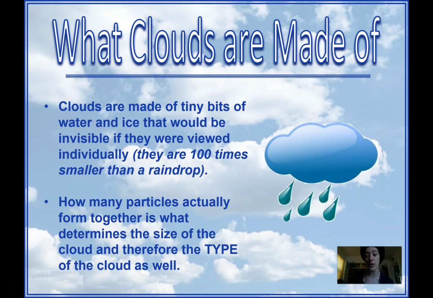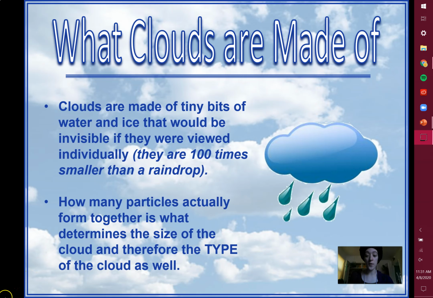Well, you already know that clouds are made of tiny bits of water and also ice, right? And ice is just solid water. That would be invisible if viewed individually, so smaller than a raindrop, right? Tiny, just individual molecules of water. But when we see them all together, that is what determines the size of the cloud.